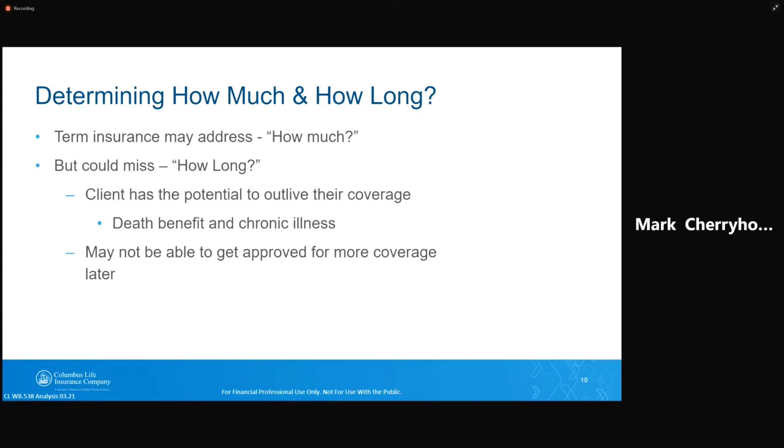One problem that may arise with the term-only life insurance approach is that a client may outlive their coverage. We know that. Term has a set expiration date. And when that date occurs, it becomes what we call annually renewable. It may be a level benefit for a certain time period, and after that, it becomes annually renewable.